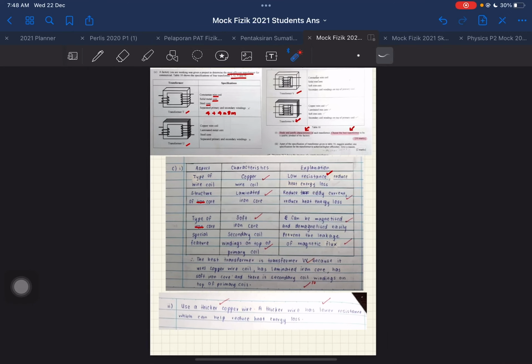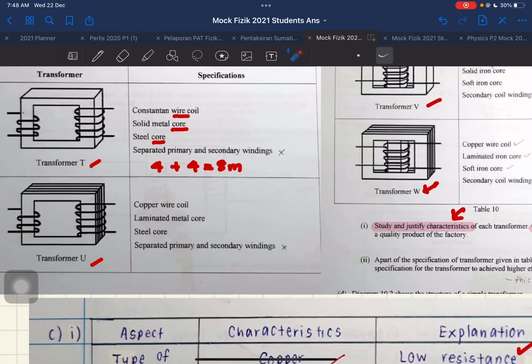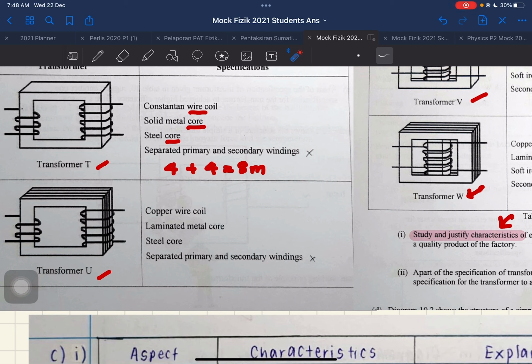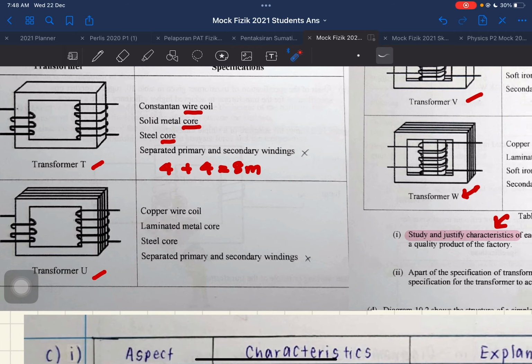Look at this. In terms of wire, they give you two. You have constantan wire, you have copper wire. So you need to choose one. And then the structure of the core will be solid and laminated. So you need to choose one also.